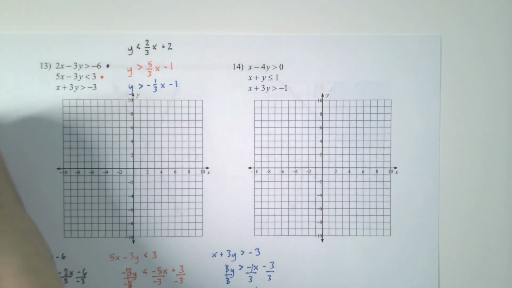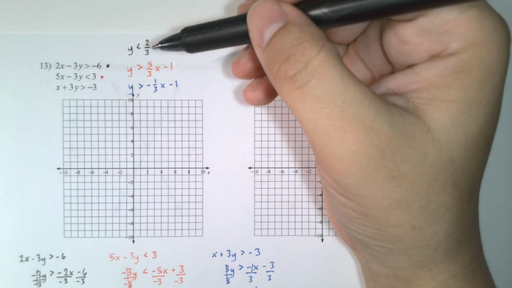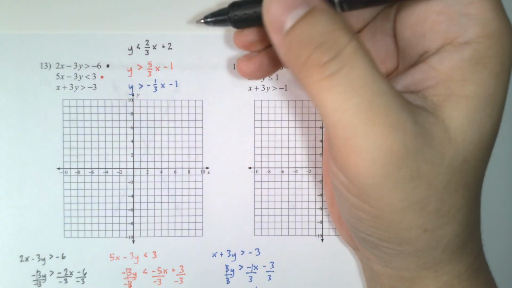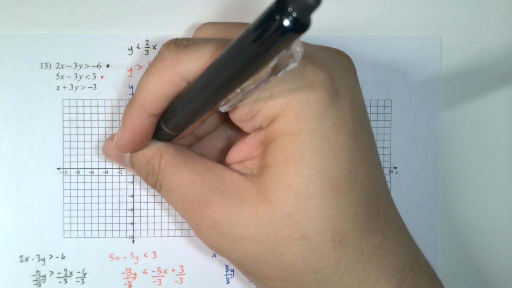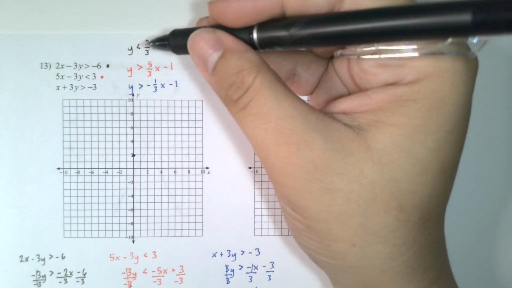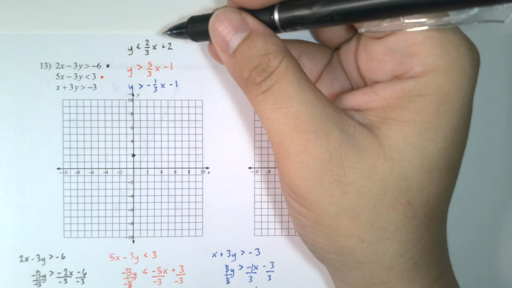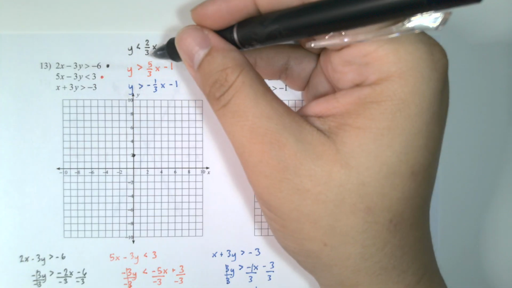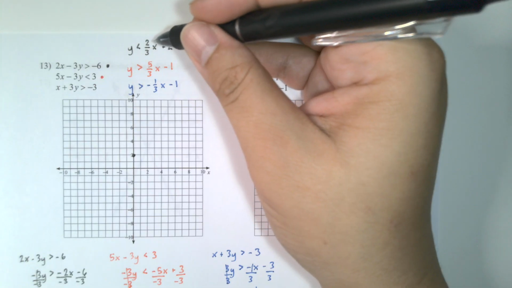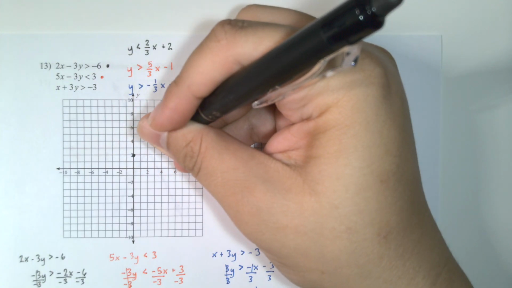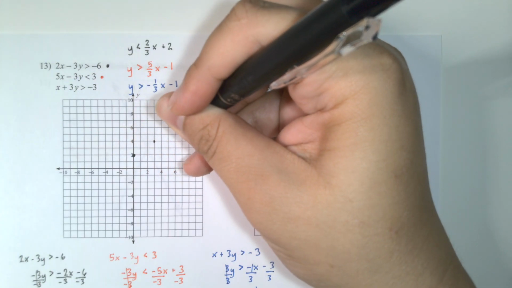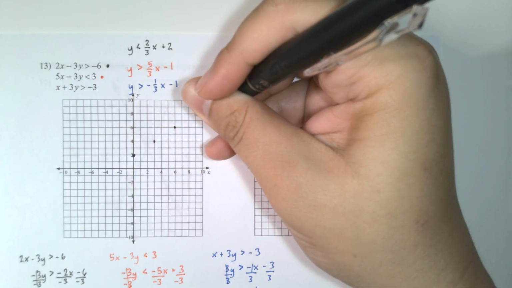And so with the first one, we have a y-intercept of 2, and then we have a slope of 2 over 3. So we have a rise of 2 and a run of 3. That means we're going to go right 3 up 2. So right 3 up 2, right 3 up 2, right 3 up 2.